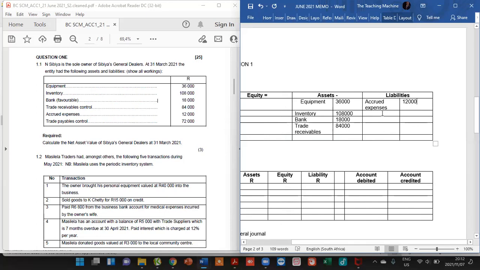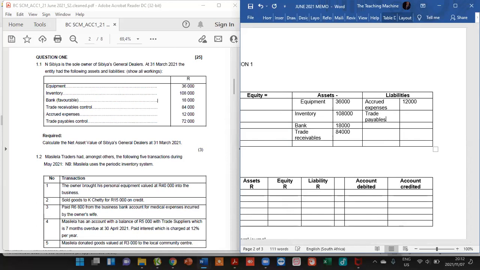The next one, trade payables, is also a liability. What do we mean by trade and other payables? And what's the difference between trade payables and trade receivables? I said that receivables is the money that is owed to the business. It represents a summary of debtors' transactions during the month.